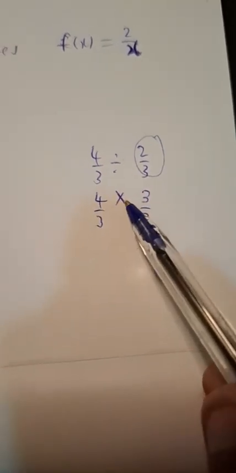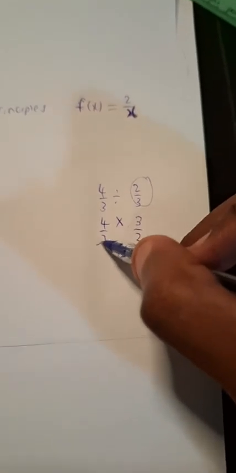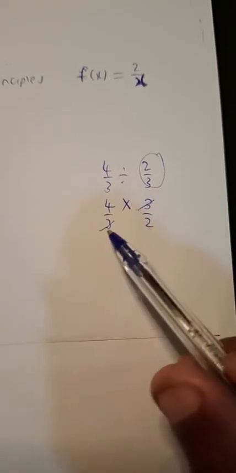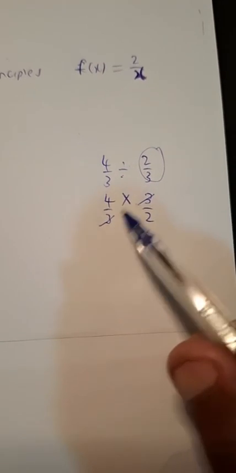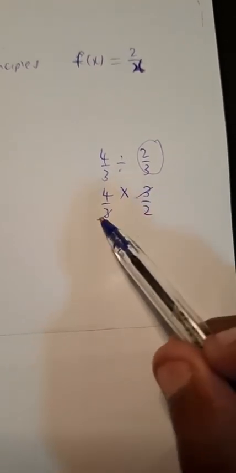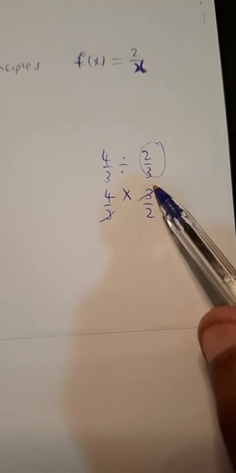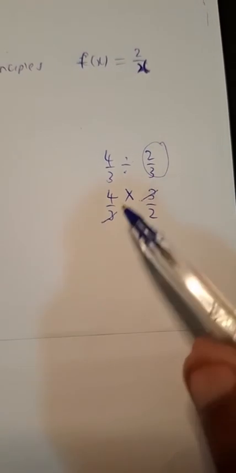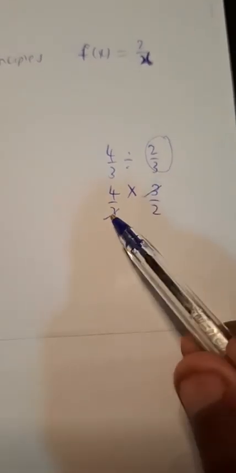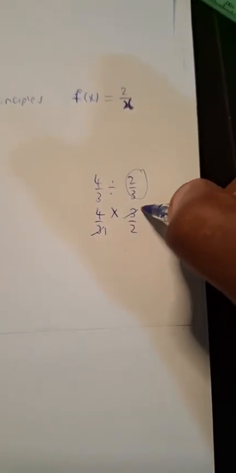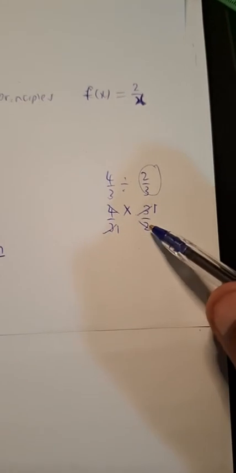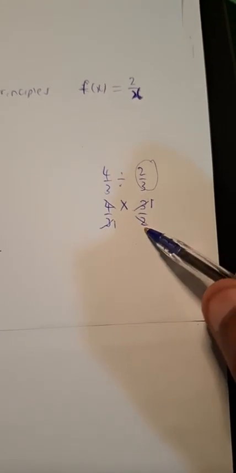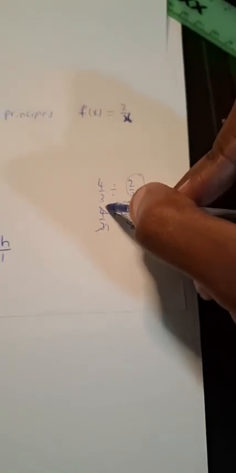I hope you can still remember that. And then of course you can now do this. As long as it's numerator denominator relationship with multiply, 3 and 3, they go into each other. The highest common factor between 3 and 3 is 3. 3 goes into 3 once, 3 goes into 3 once again. Then the 4 and the 2 as well have a highest common factor, which is 2. 2 goes into 2 once, and 2 goes into 4 2 times.